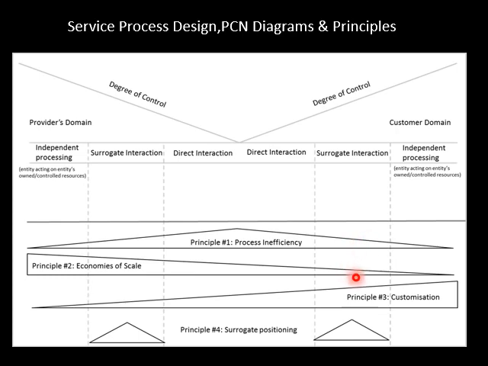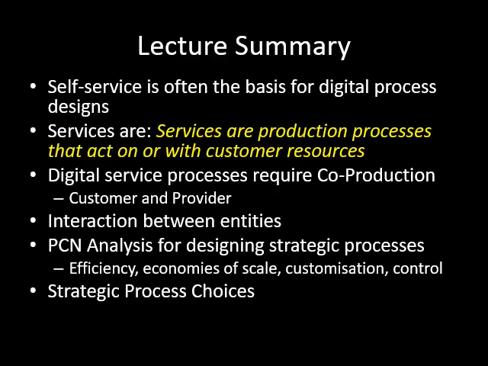So the technology, the economies of scale really comes from the collection of data. So the data they've collected from this space ends up here, and they've got economies of scale and masses of big data. So that's how PCN works, and we'll look at that in the tutorials. You'll have a go with that.